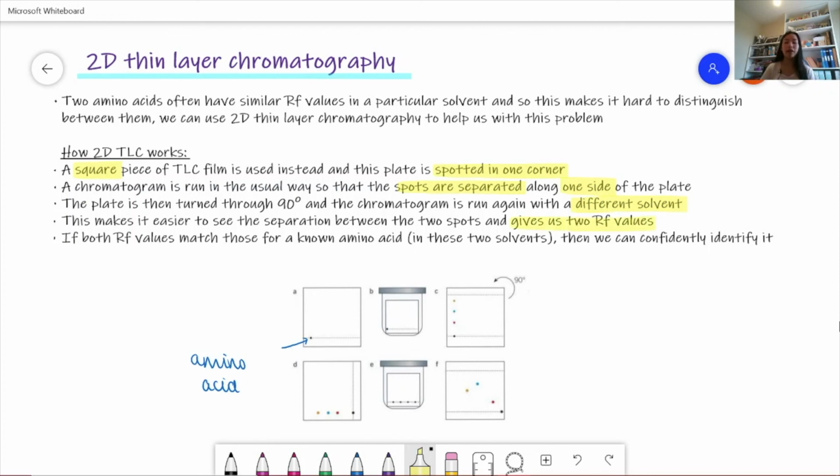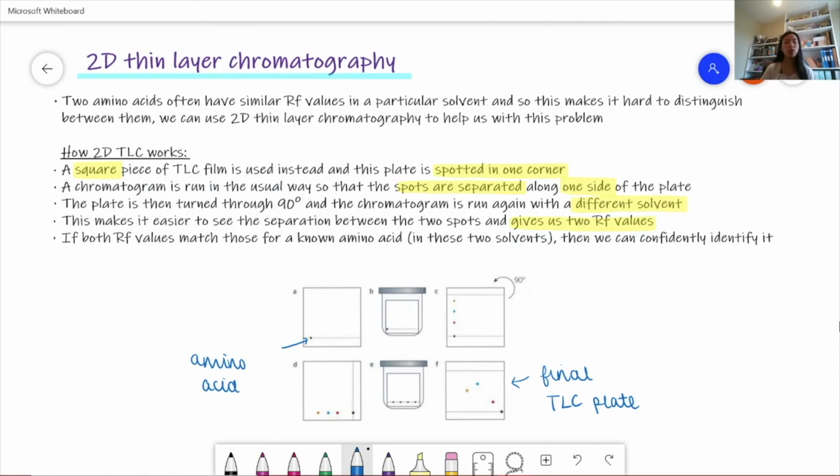So after we've turned it around 90 degrees and then run the chromatogram, what we'll have will be the TLC film in F. So this is our final TLC plate. And so basically what we've done is separated spots even further.